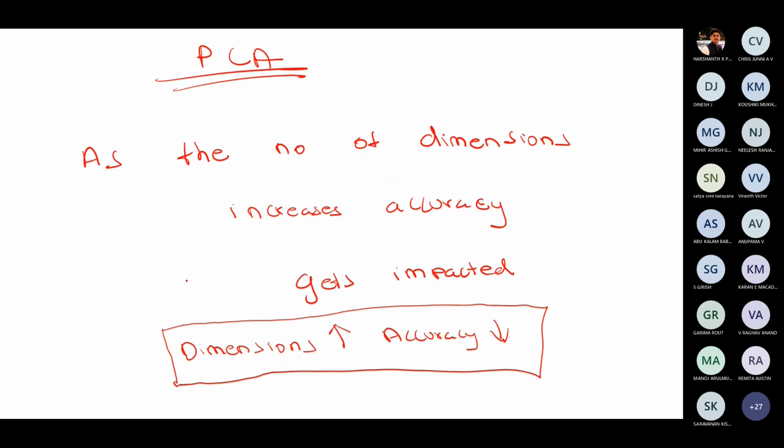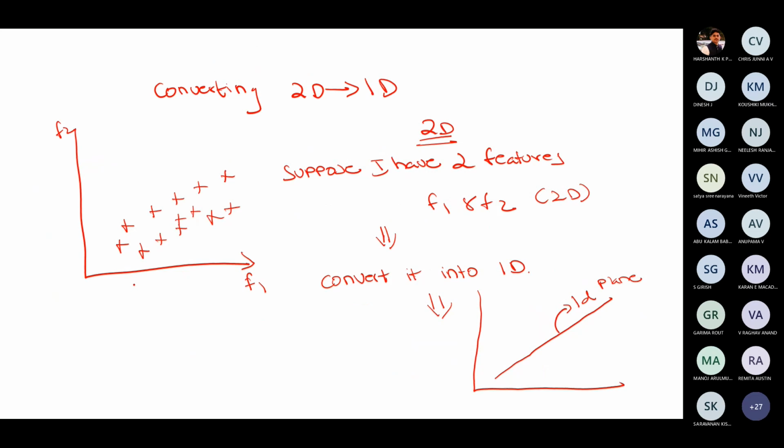Okay, now let's consider what we are going to achieve and how we are going to remove. Let's consider, students, we have data with 2 features, f1 and f2, and I have plotted my points over here in 2D representation. Now if I want to convert 2D into 1D, can I draw a line something like this and map all the features onto the line?